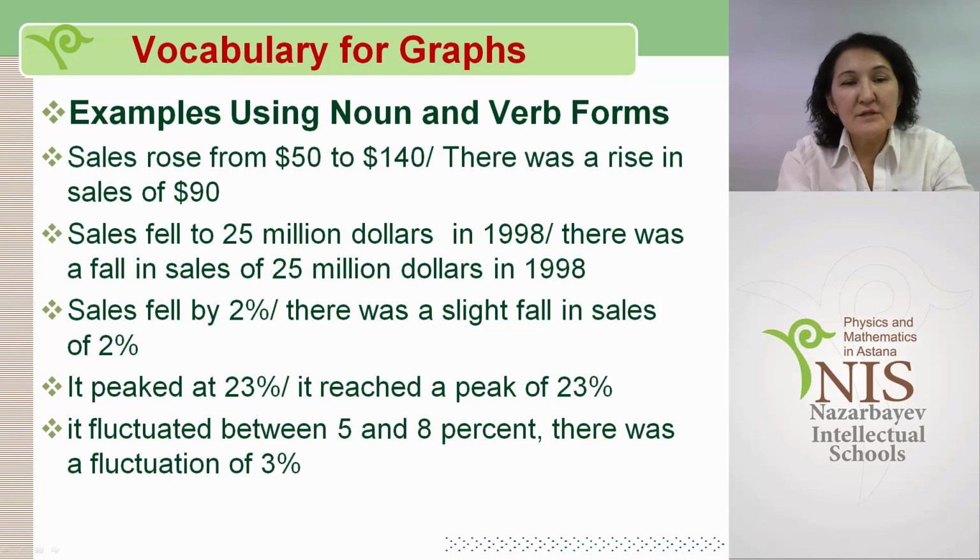Sales fell by 2%. There was a slight fall in sales of 2%. It peaked at 23%. It reached a peak of 23%. It fluctuated between 5 and 7%. There was a fluctuation of 3%.